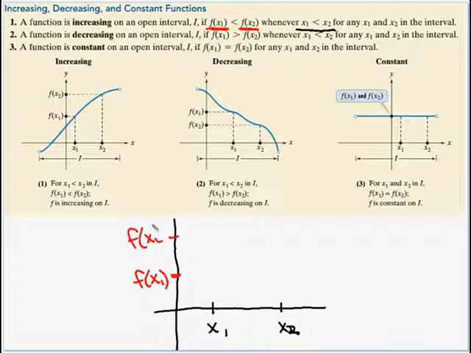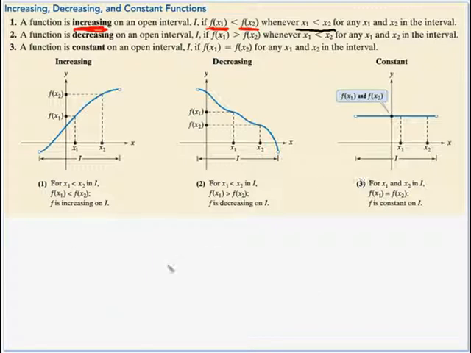So now that we have those inputs and outputs labeled on the x and y axis, this x1 would be right here, and x2 and f of x2 would be here. And if I connect the dots, you can definitely see that the function is increasing, just like all this math jargon said. And we could reverse that, of course, for decreasing.